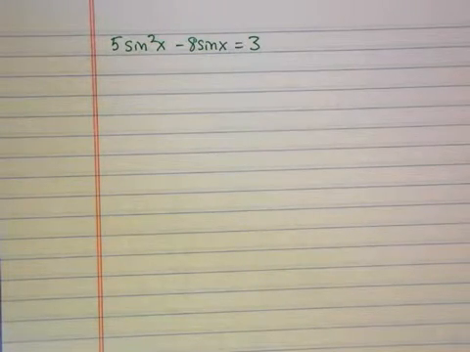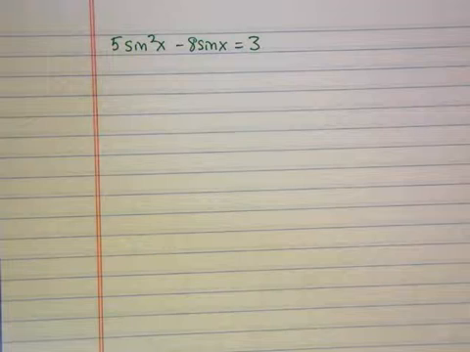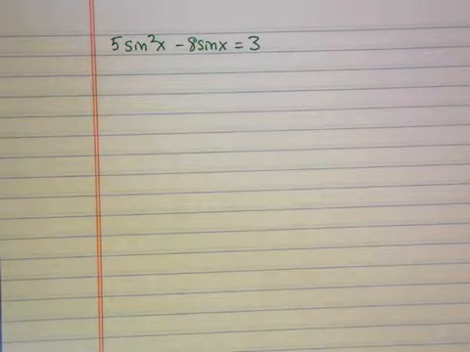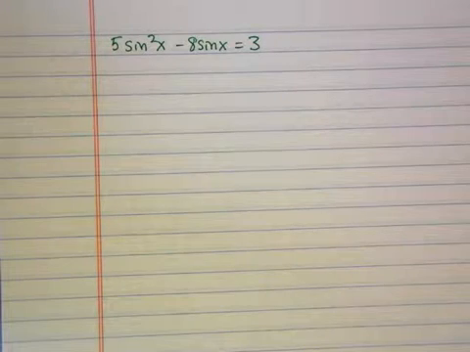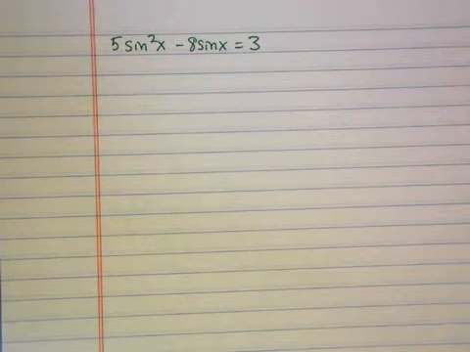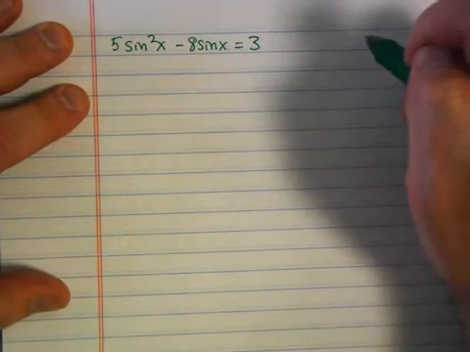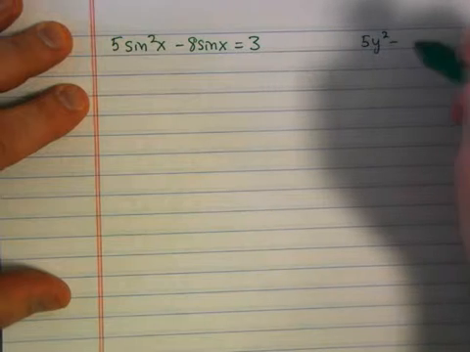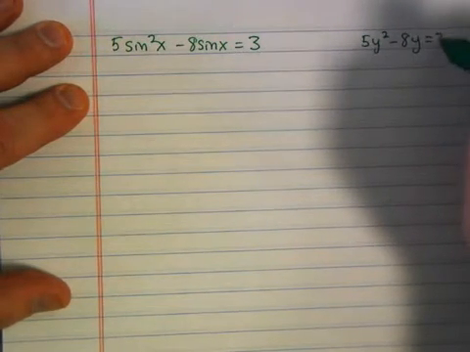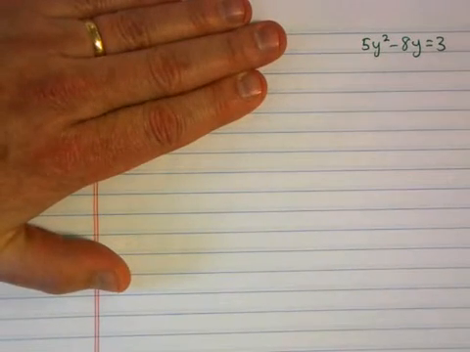Any good ideas? Factor. And how would you factor? You can factor by taking out a sine x, but that's not a good idea. Let me change the problem. How would you solve that equation?